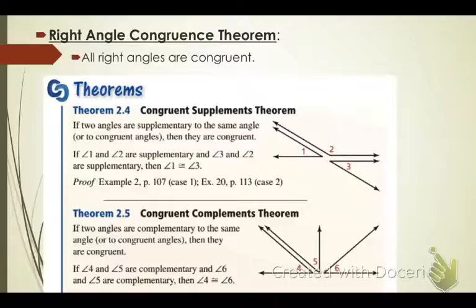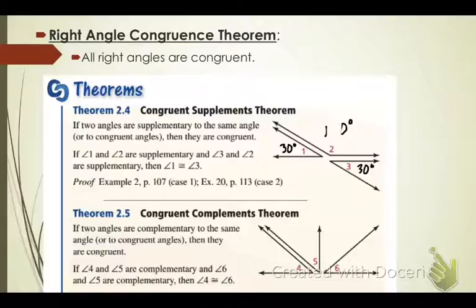Let's say, for example, that angle 2's measure is 150 degrees. If angle 1 is supplementary, we know they have to add up to 180, so that means angle 1 has to be 30. And similarly, if angle 2 is supplementary to angle 3, angle 3 has to add up with 150 to be 180, so it would also have to be 30. And it doesn't matter what number we choose.